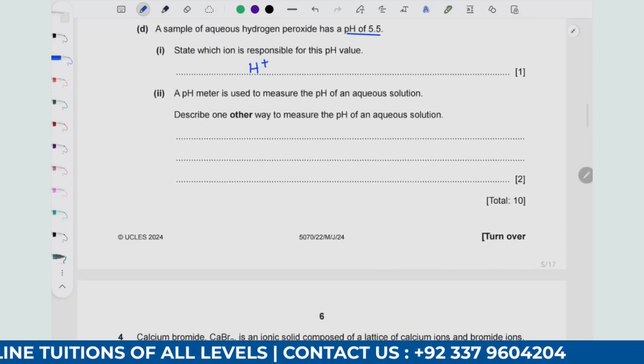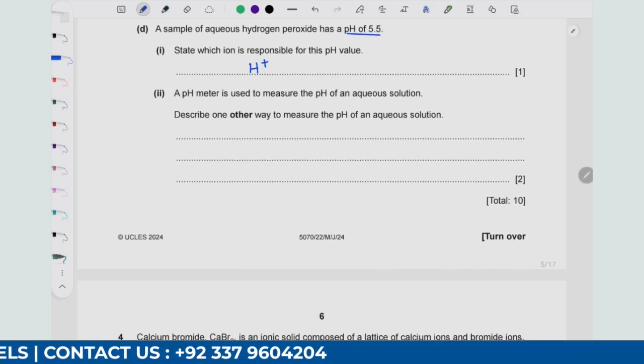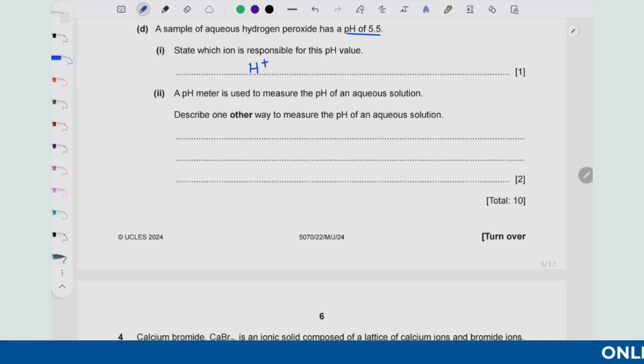Part D, part 2 says a pH meter is used to measure the pH of an aqueous solution. Describe one other way to measure the pH of an aqueous solution.